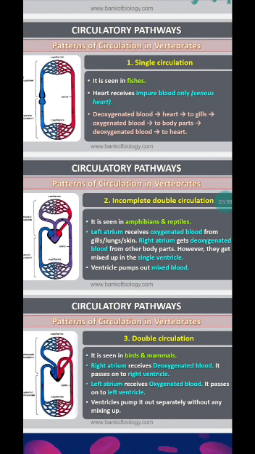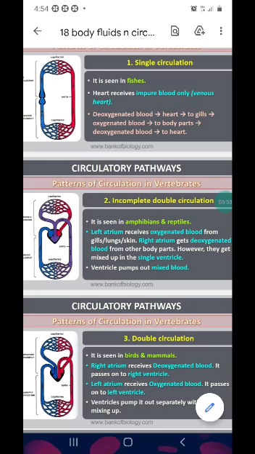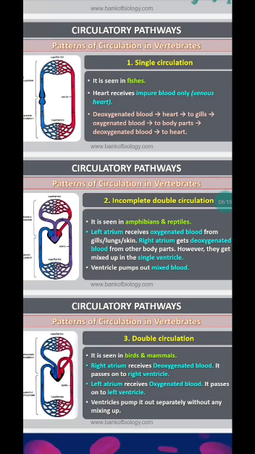So the left atrium, the left side of the heart, receives oxygenated, pure blood from these areas, and the right atrium gets deoxygenated blood from the different parts of the body. But both of these bloods from the atria flow down to the ventricle, where both pure and impure blood get mixed up. Okay, and the ventricle pumps out mixed blood. That is incomplete double circulation, because it takes a double route, one to the gills, one to the body parts. That's why it is called incomplete double circulation.